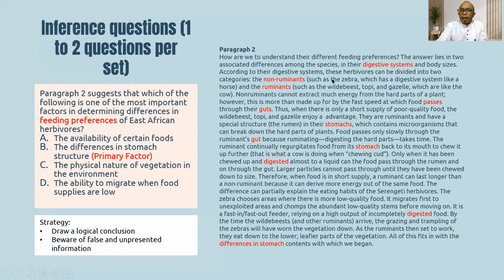the ones that are highlighted in red, digestive systems, and digestive system is something related to the stomach, by the way, and non-ruminants, ruminants pass their gut, so stomach again, there's a mention of another gut over here, another stomach here, digestion, digested, and differences in stomach.